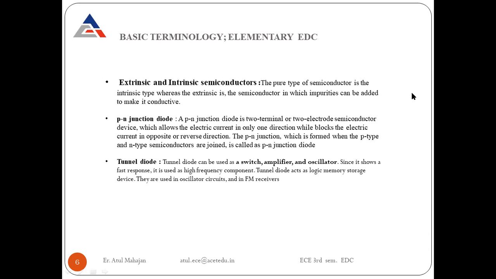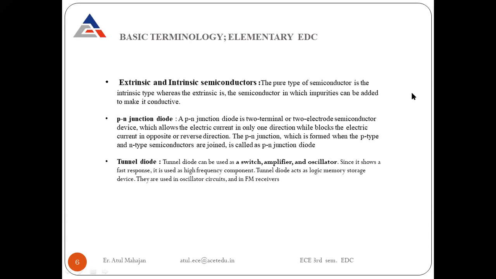Next is the tunnel diode terminology. A tunnel diode can be used as a switch, as an amplifier, or as an oscillator. Since it shows a fast response, it is used as a high frequency component.